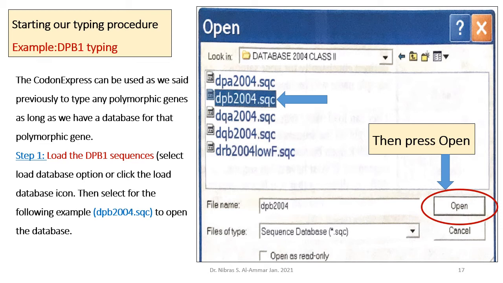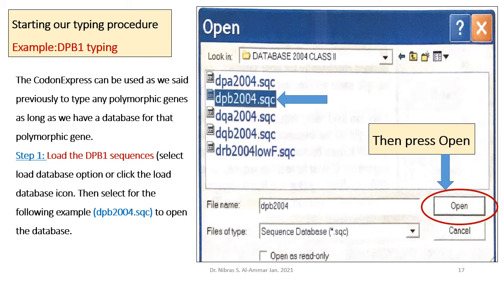So this software compares our sequence to the database and gives us the type of our alleles in that case.